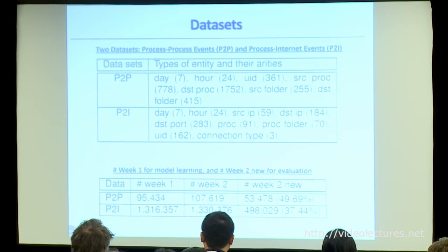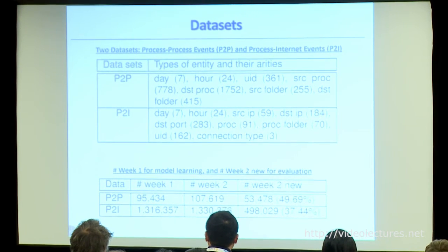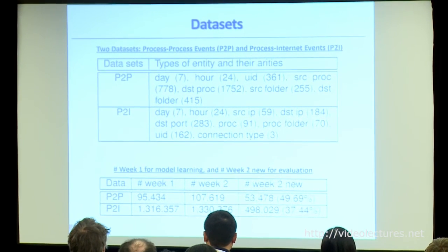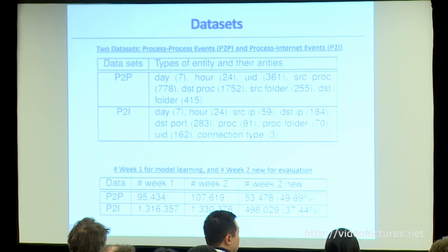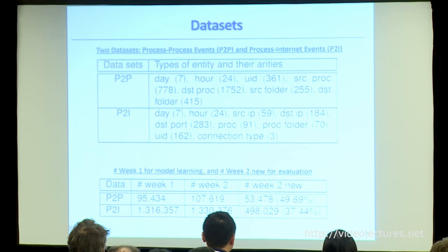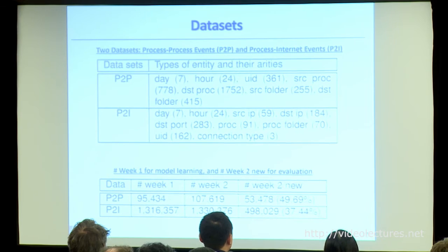By doing so, we have the modeling part, and we have solved this learning difficulty by using the NCE method. Now let's look at the interesting results. We have applied our methodology on two data sets, all on the enterprise network. One is process events, so process interacts with process, and second is process interacts with internet.